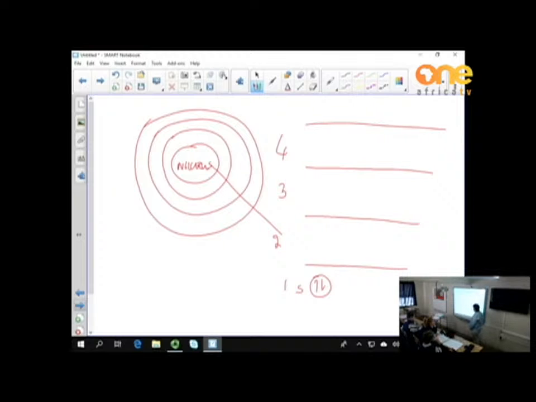The second energy level, the second shell, has got two sublevels. An S sublevel and a P sublevel. Now these sublevels, it's got to do with the shape of the path the electrons follow when they go whizzing around the nucleus. Okay? The S sublevel is just circular.